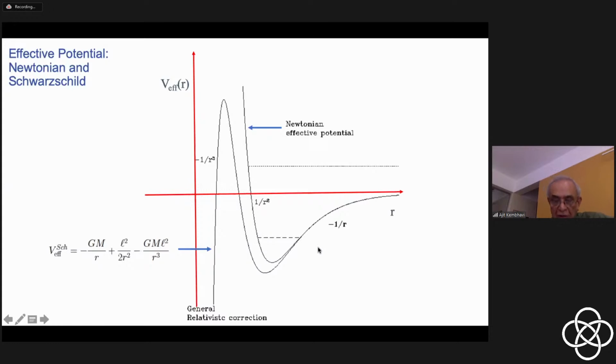But there the orbit has a slightly more complicated shape than an ellipse, because of the 1 upon r cube term. The net result is that the ellipse precesses with time, meaning that the point of minimum distance in the ellipse keeps going around the sun. That is responsible for the precession of the perihelion of Mercury.